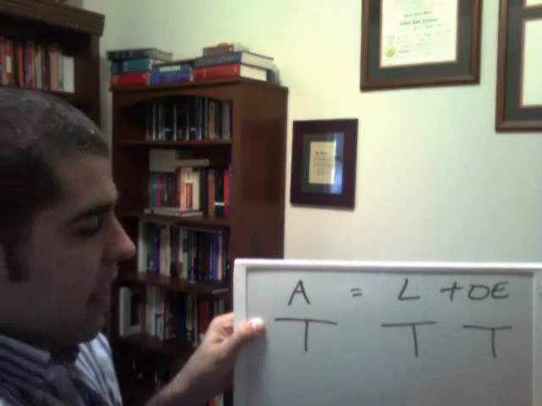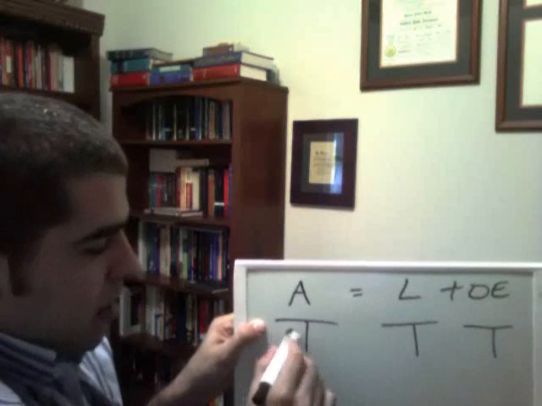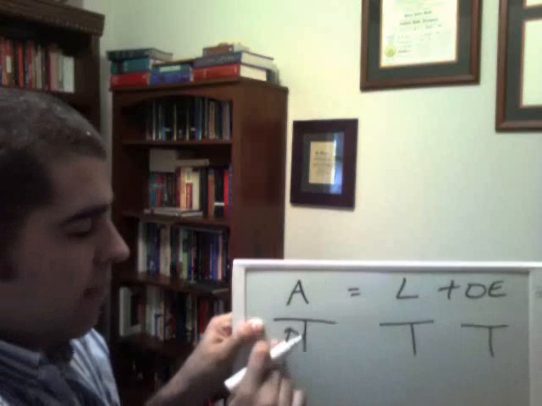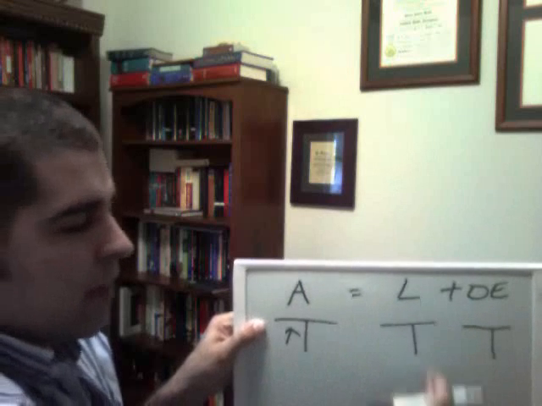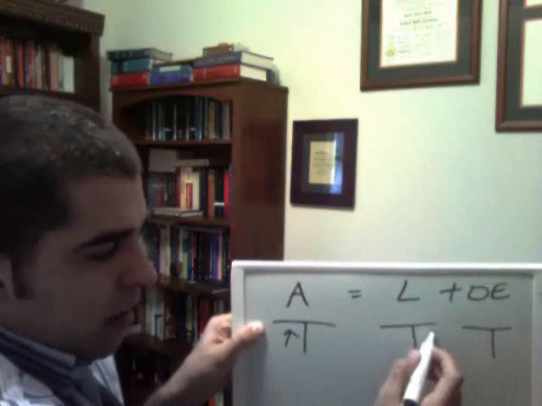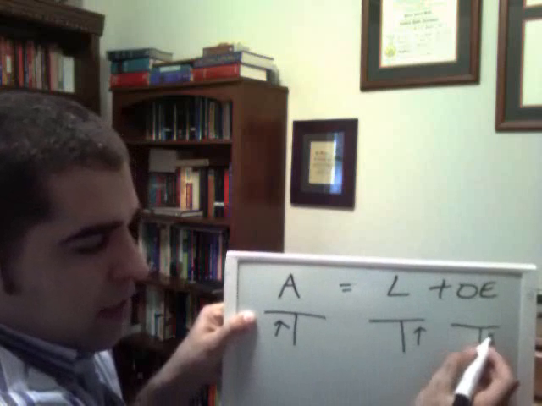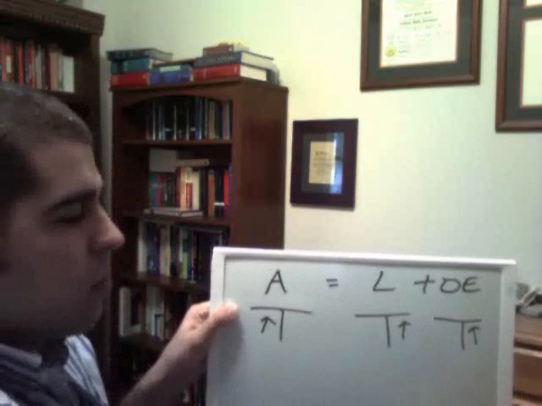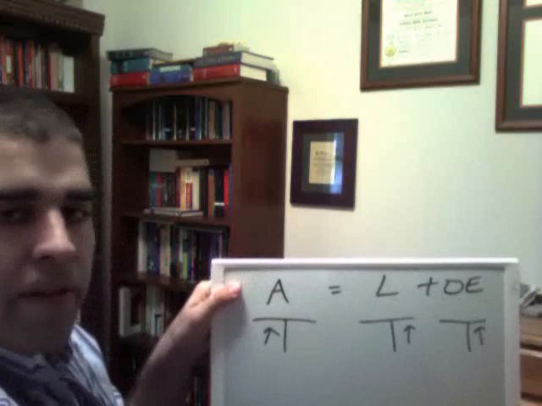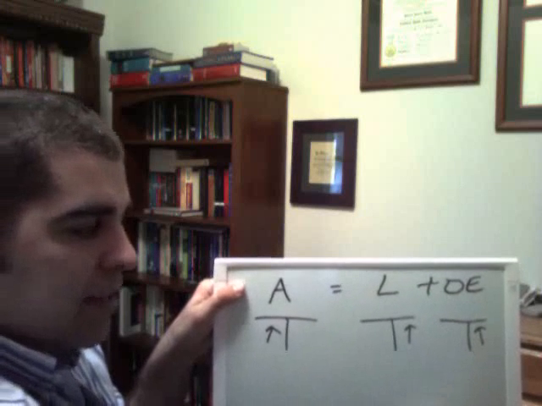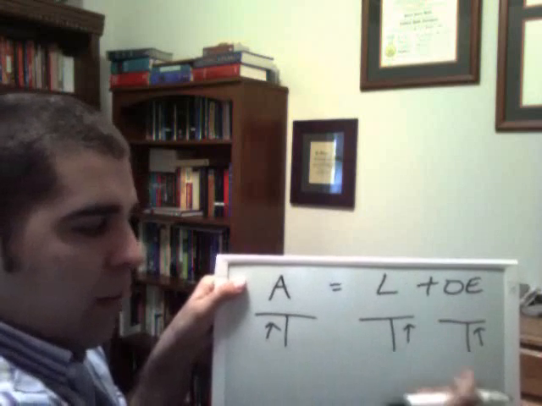So if it's an asset account, it's going to be increased by debit. Think of it as the left side of the equation. If it's a liability or owner's equity account, it's going to be increased by a credit. Okay, so what you need to do first is think of what type of account this is. Is this a liability, asset, or owner's equity account, and then you'll be able to see whether debits or credits are going to increase it.